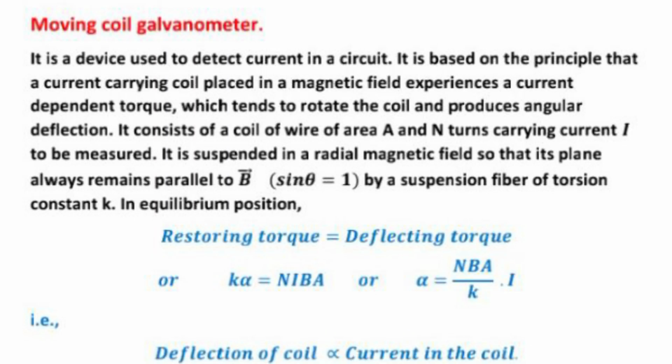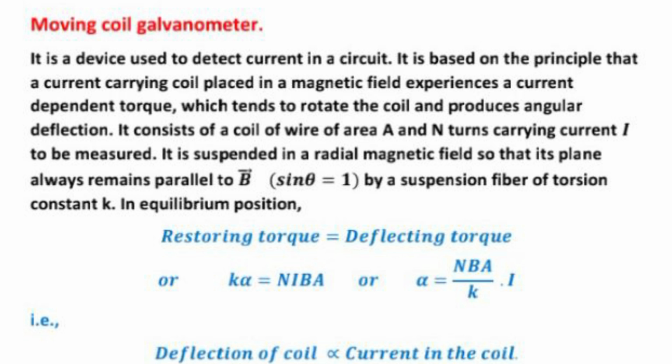Moving coil galvanometer. What is moving coil galvanometer? It is a device used to detect current in a circuit. It is based on the principle that a current carrying coil placed in a magnetic field experiences a current dependent torque, which tends to rotate the coil and produces angular deflection. It consists of a coil of wire of area A and N turns carrying current I to be measured.